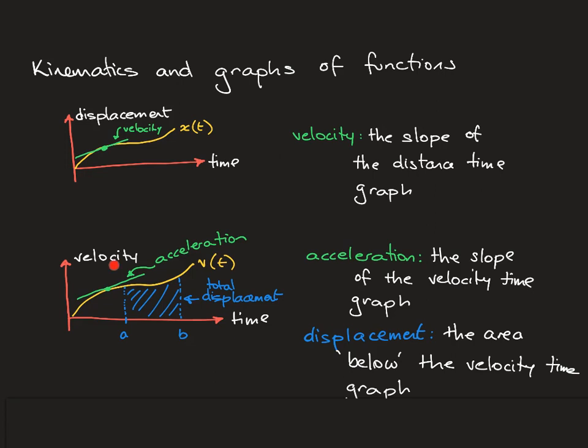So on a velocity graph, the points on the curve give you the value for your velocity, the slope of the line at any given point gives you the acceleration, and the area underneath the curve gives you the distance that the thing has travelled, or the total displacement for that given time period.